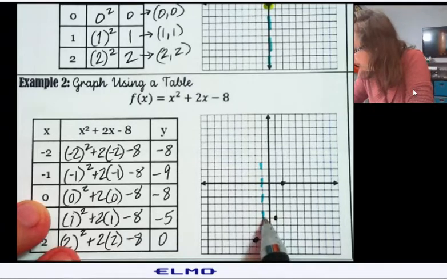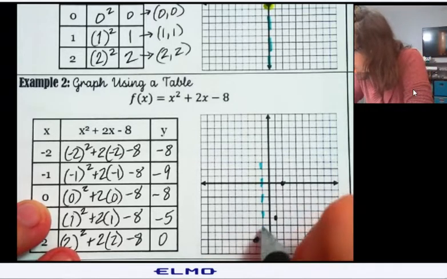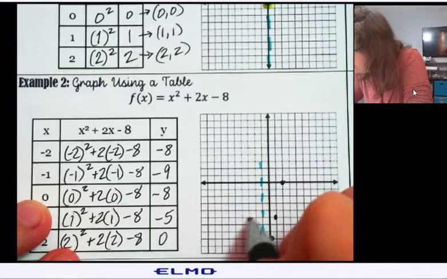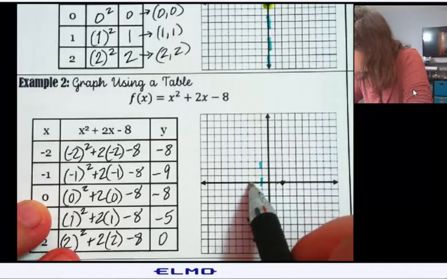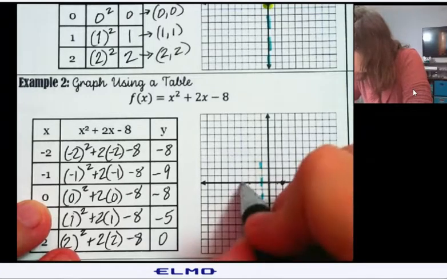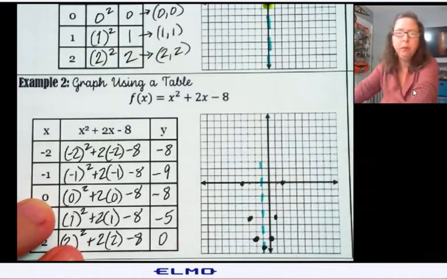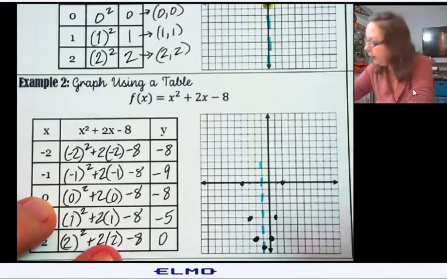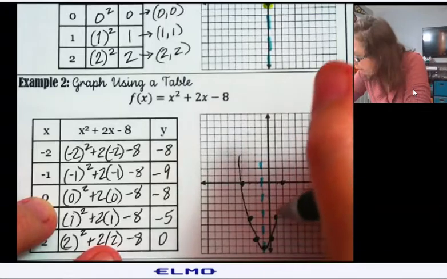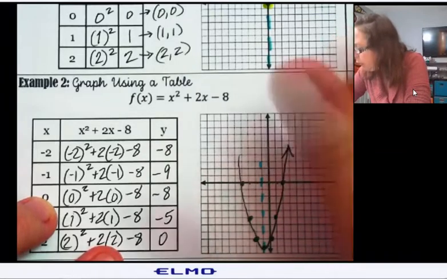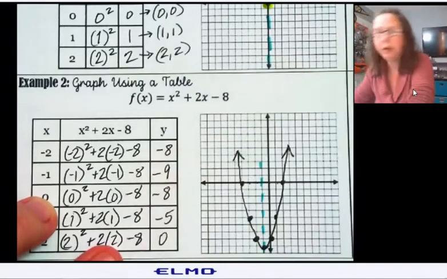So go on this side 2, and then you could fill in that point. This is over 1, 2, 3, so go 1, 2, 3. Okay, so this is what the rest of it would look like. And then just do your best to create a nice smooth curve. And don't forget your arrows.